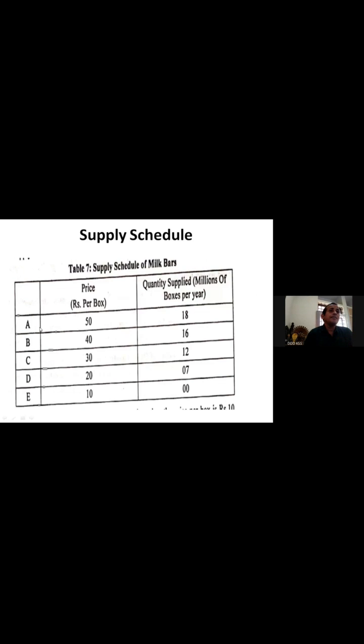Here you see the price per box is given: 50, 40, 30, 20, 10. And the quantity supplied is given in millions of boxes per year. We have assumed that millions of boxes are being produced by the producers at these given prices.